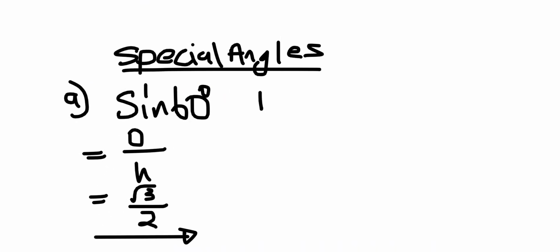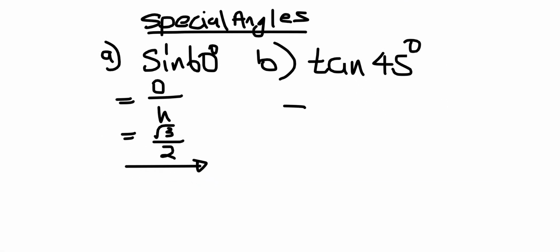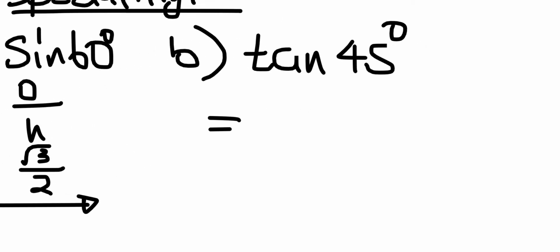So what if you are given, let's just say, tan of 45 degrees? This one will definitely be tan. We know it is opposite over adjacent. With regards to the special angle for tan 45, the opposite is, is it not 1? Definitely it is supposed to be 1.